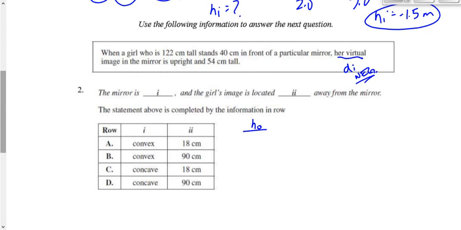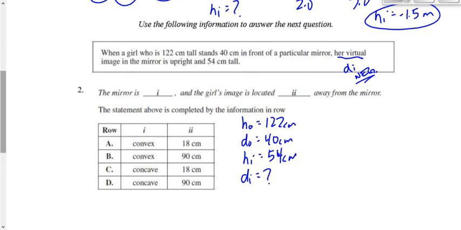HO is 122. We're going to say DO is 40. We're going to say HI is 54 centimeters, and we're just going to leave that as positive because the image is upright.